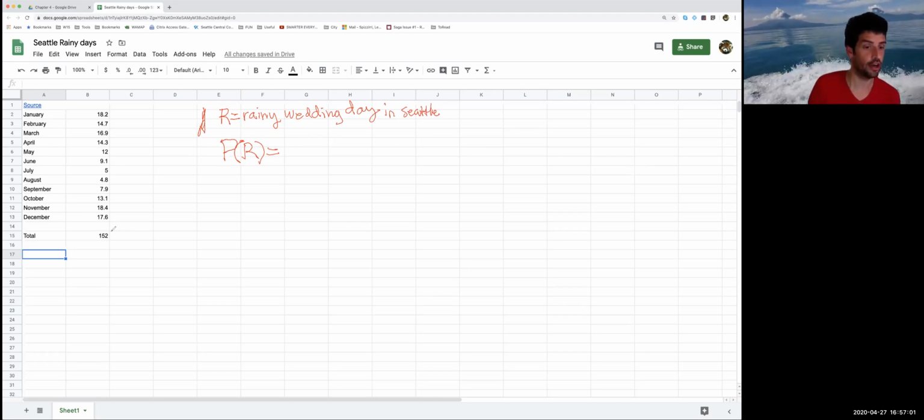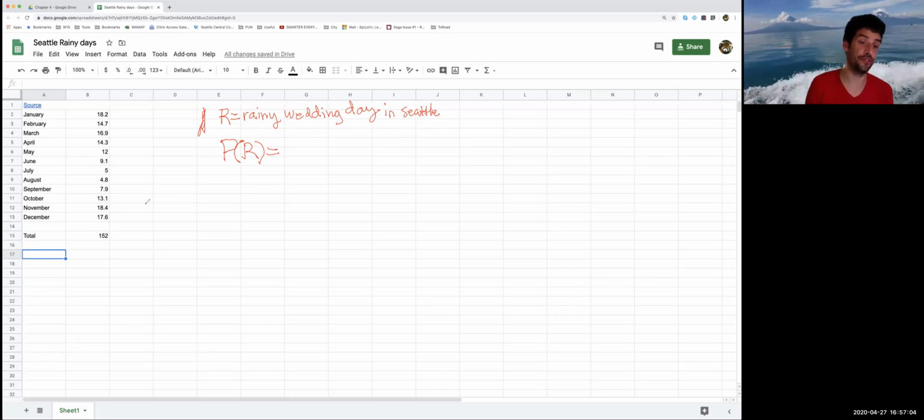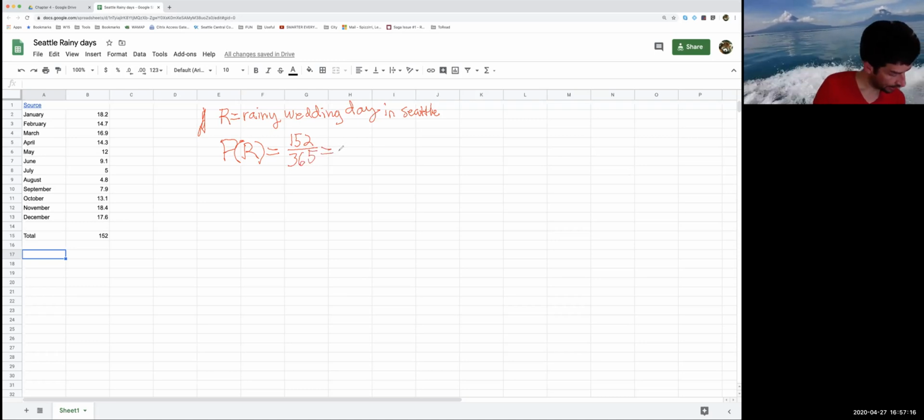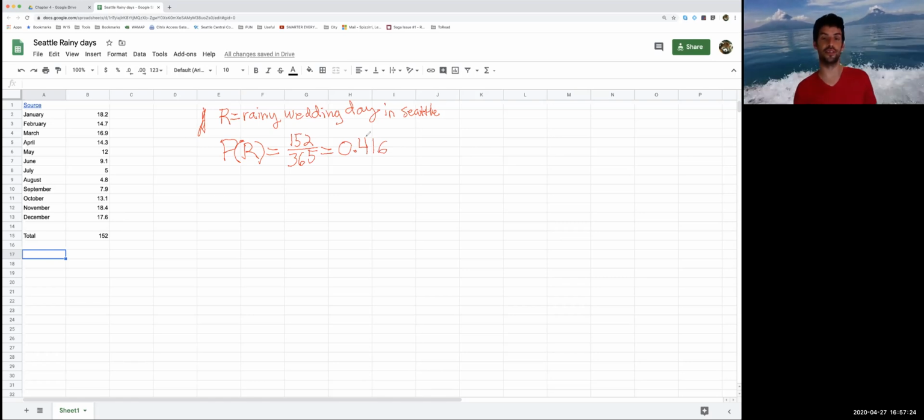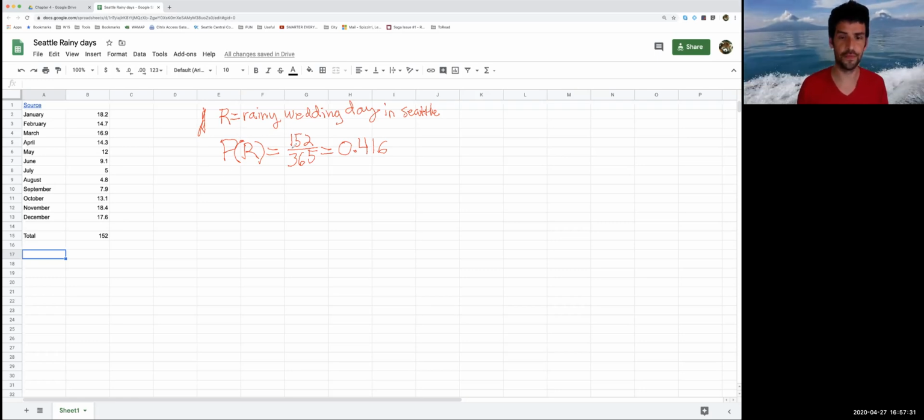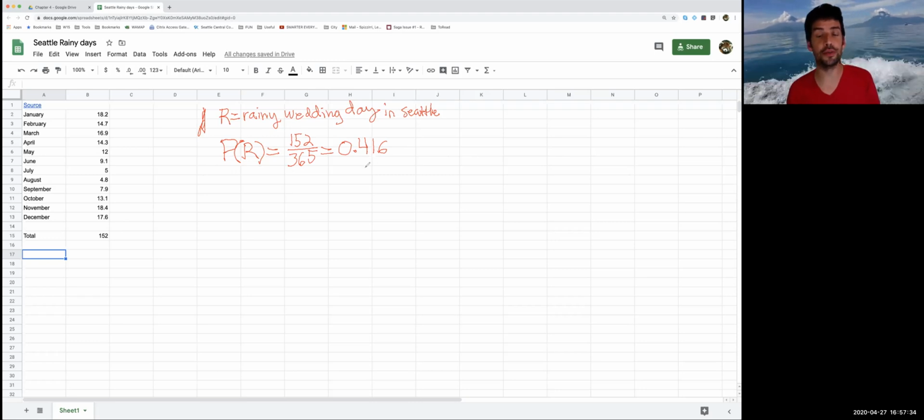Well, all I did to compute this is there's 152 days on average of rain out of the 365 possible days, right? And that comes out to be 0.416. Sorry, these are such messy letters. Some days I seem to be a little better with this thing than others, okay? So you would say you have about a 42% chance of having rain on your wedding day.